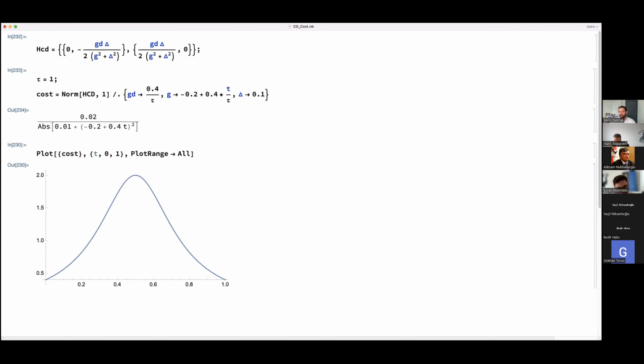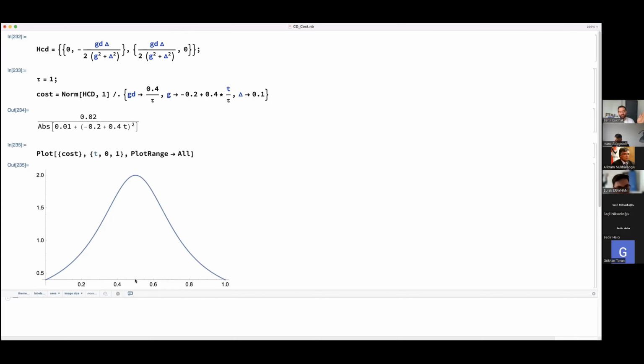And then I plot the cost. This is the instantaneous cost, plotted as a function of time. So this is what I get. The horizontal axis is the time and the vertical is the cost. This instantaneous cost makes a peak when we actually have G equal to 0.